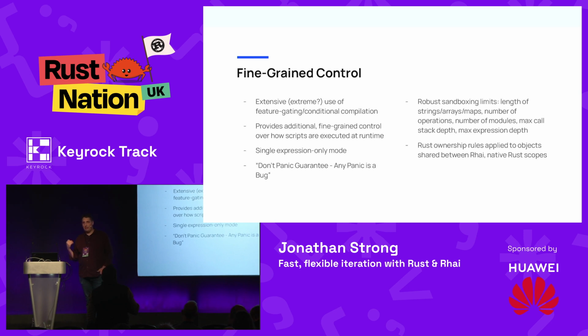I think there's others beyond that, but it generally includes pretty much all the things that you would want to limit, either at runtime in how you define the instance of a type called Engine, or through conditional compilation feature flags in the Rhai crate.